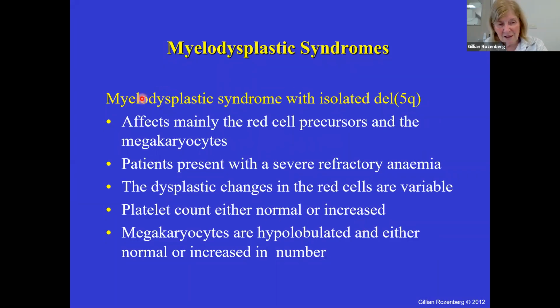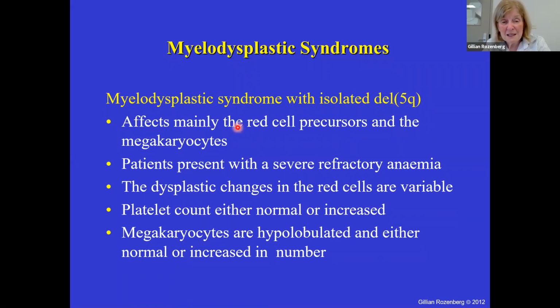Now, interestingly enough, the WHO puts this group known as myelodysplastic syndrome with isolated deletion 5q in the middle of these syndromes. And I think it's in an unusual position, but this is how it does it in every edition of the WHO book. So this is a single chromosome, 5q.